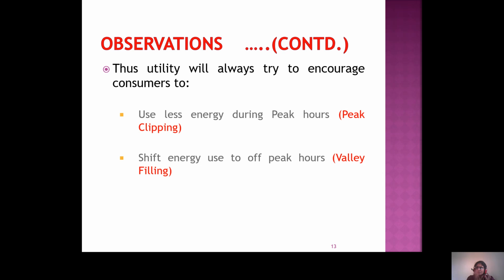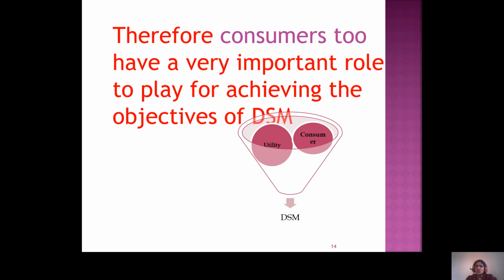That means this is peak clipping, and there are some definitions and benefits. By using this, always try to encourage the consumers to use less energy at peak and shift energy use to off-peak hours.